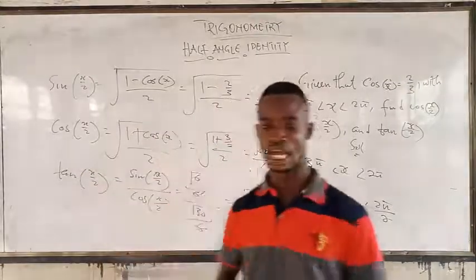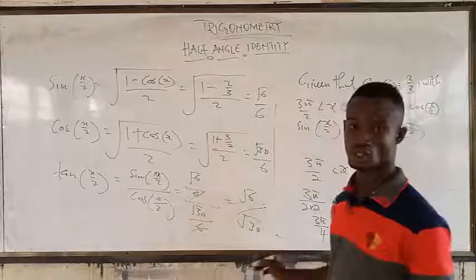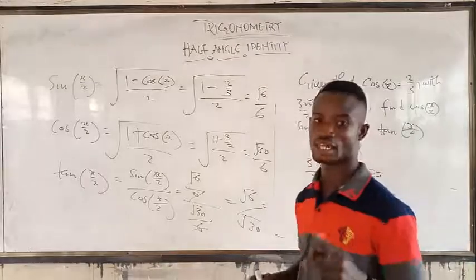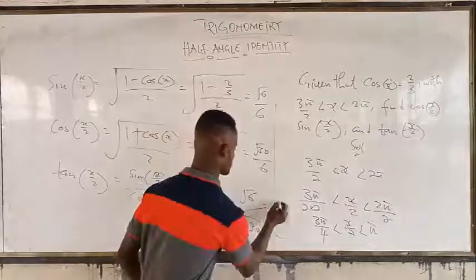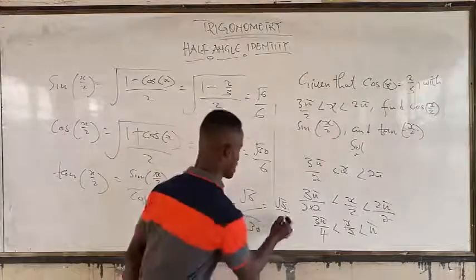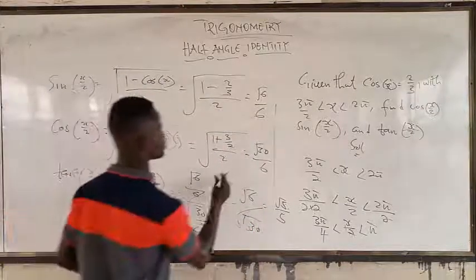Very good. Then when you rationalize, you end up getting square root of 5 over 5. Alright. Now you can see the solution.